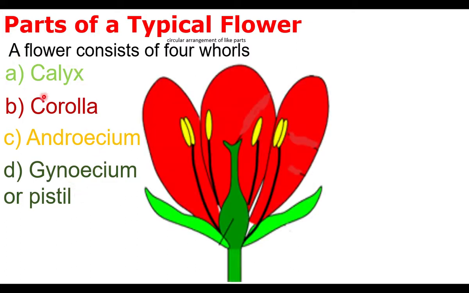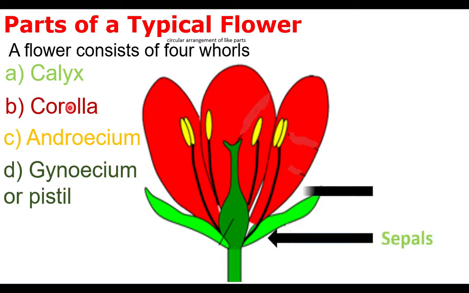Calyx is green in color. It is usually cup shaped. It is the outer whorl of a flower. Calyx is made up of sepals. The colored part is corolla. Corolla is made up of petals. The third part is androecium.